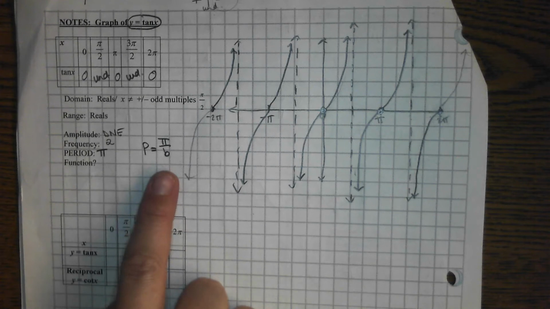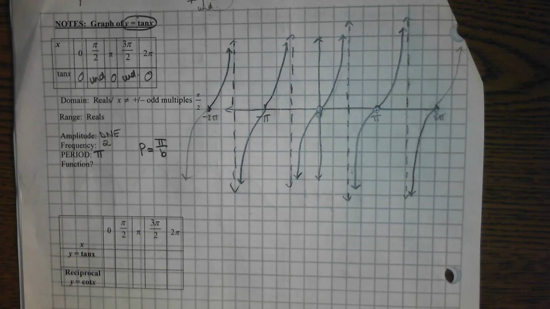At the same time, I talk about period more often, and I do make it a point because the period formula changes. Sine and cosine, it's 2 pi over b. Tangent, it's just pi over b. So, again, pulling frequency from an equation, I'm not a huge fan of. And on a tangent one, definitely not.